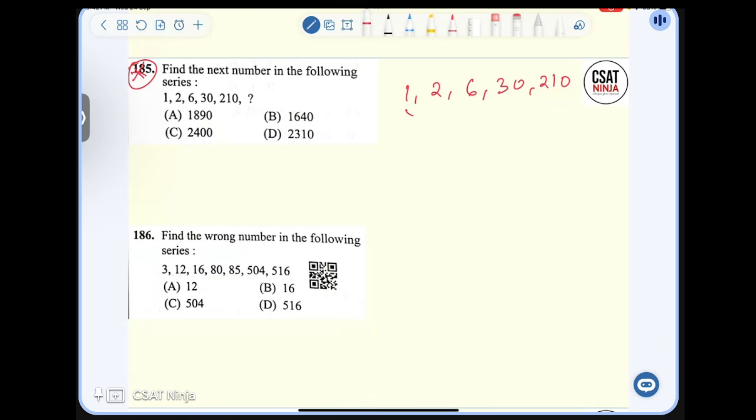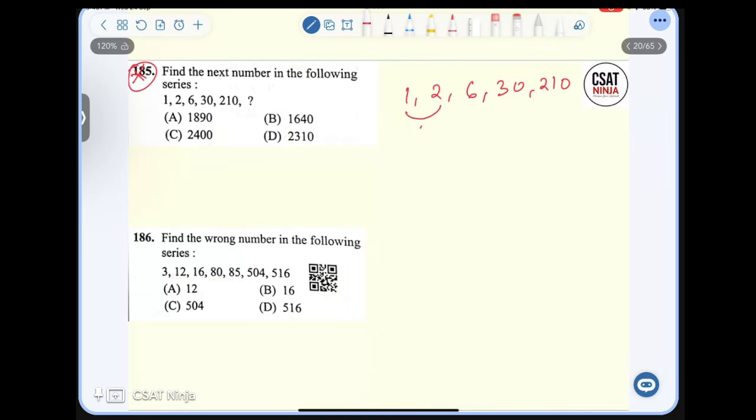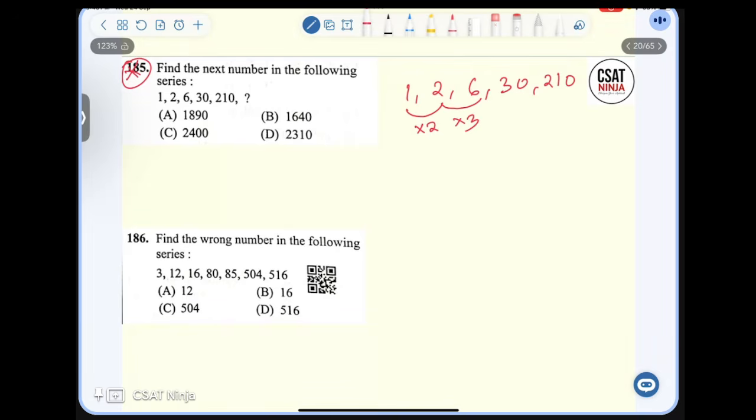So I'll try to find a relation here. 1 into how much is 2? 1 into 2 is 2. Next is 2 into how much is 6? 2 into 3 is 6. 6 into how much is 30? 6 into 5. Again, 30 into how much is 210? Which simply means 30 times 7. And we have to find the next.